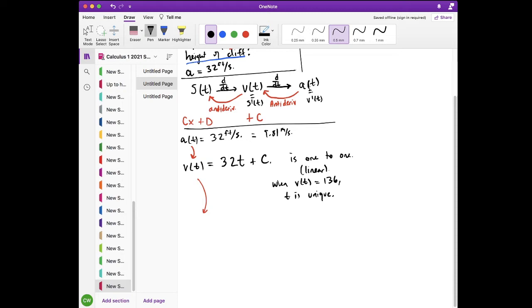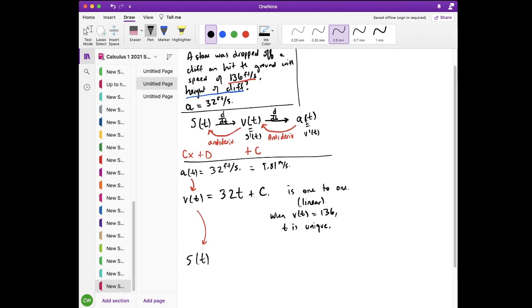What is s? Yes, it's 16. 32t squared divided by 2 is 16t squared, then plus ct, and then plus d.